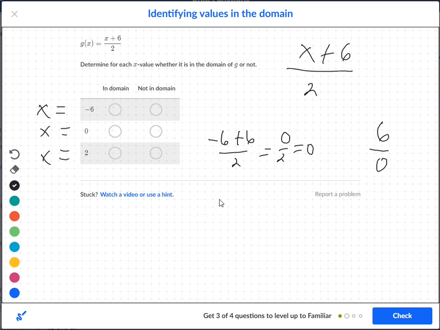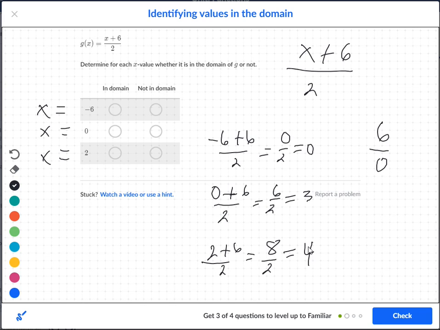So that's 0. That's okay. You can have 0. I could put a 0 in here, so I could say 0 plus 6 over 2. Well, that's 6 over 2, and that becomes 3. That's okay. It's not a 0 as a denominator. Next one, I could put a 2 in there. 2 plus 6 over 2. Well, 2 plus 6 is 8. 8 divided by 2 is 4.